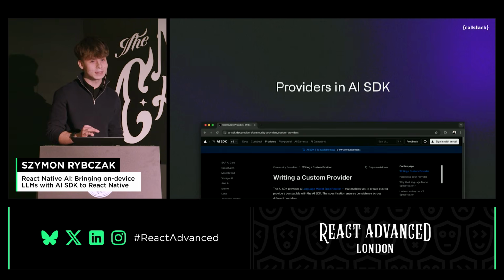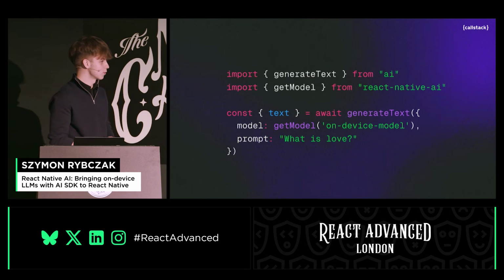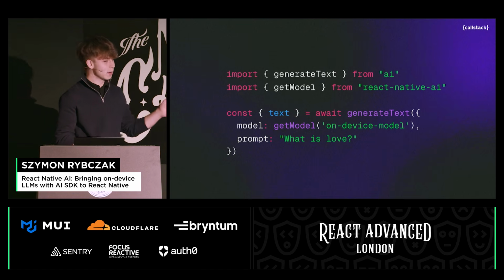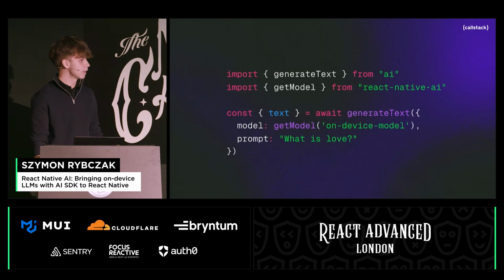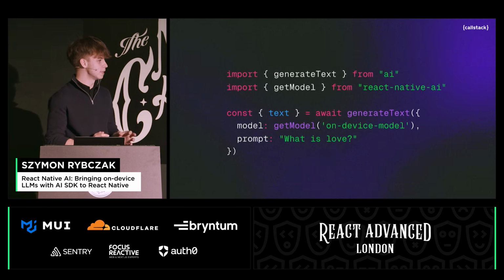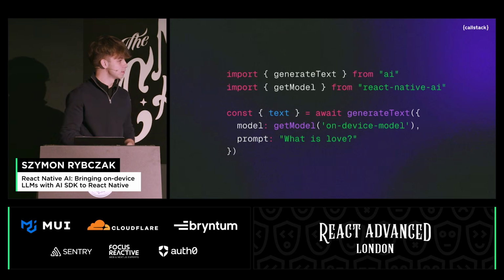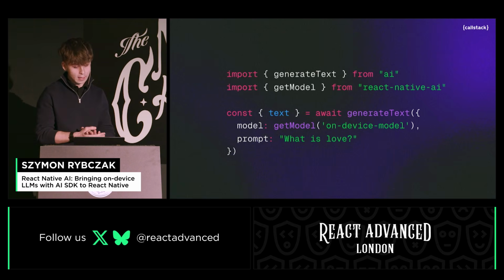And I really love Vercel AI SDK. If you haven't played with it, I really encourage you to, because this is the amount of the code that you need to plug AI model with React Native AI. That was the idea back then. You import generate text or stream text function from AI package.